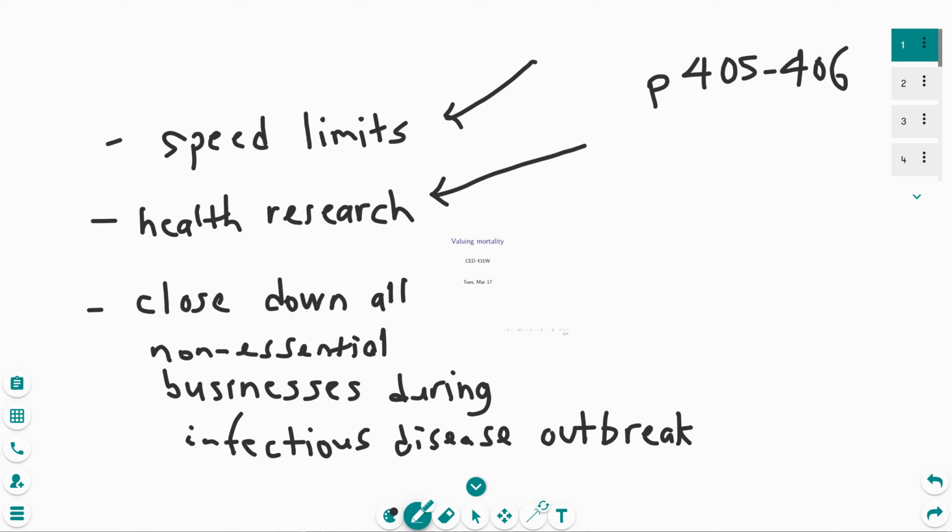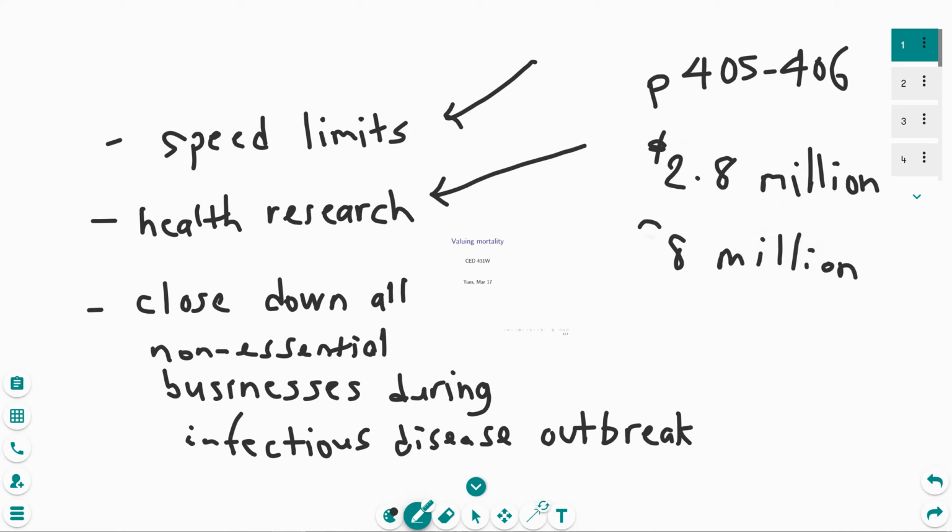And you'll find that the values that people come up with have ranged from something on the order of 2.8 million at the low end to somewhere around 8 million at the high end. And of course there can be estimates that are higher than that, but this is where a lot of the values actually lie when people have done these estimations.